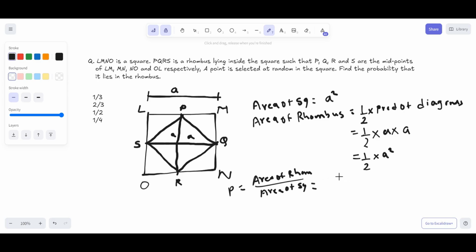So this we can write as A square by 2 upon the area of square, that is A square. So we can actually solve this. A square by 2 into 1 upon A square, and this A square gets cancelled, which equals half. So the correct answer is 1 by 2.